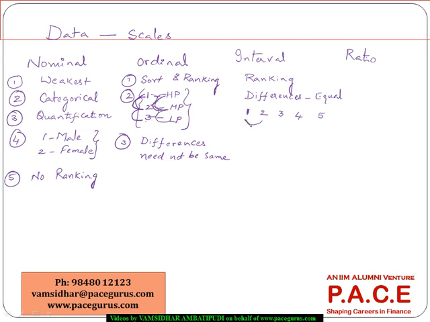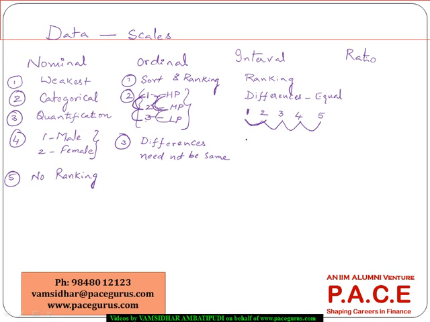But generally what survey people do is they assume that the gaps between each of them are more or less the same. The gap between highly dissatisfied and dissatisfied is the same as the gap between highly satisfied and satisfied. If that assumption holds, then we call that kind of data interval data. Otherwise I have to treat it as ordinal data itself.